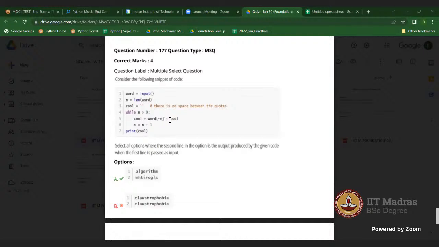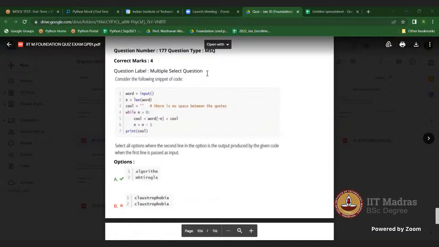Let's go for n-1. Now it's going to be word of minus n-1 plus word of n, which basically means we are having the first letter at the last, and then the second letter.